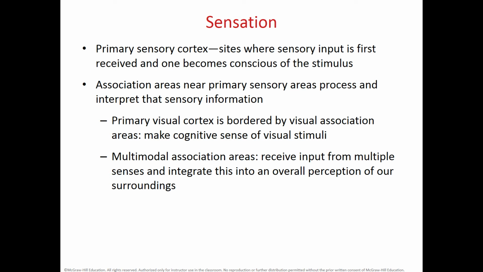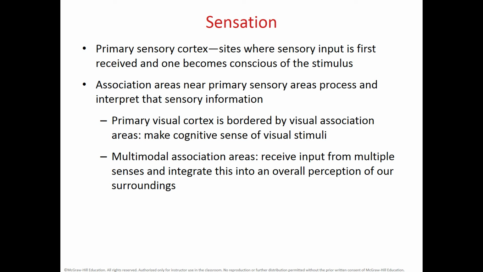Sensation is received by the area of the cerebral cortex called the primary sensory cortex, located within the parietal lobe. This primary sensory cortex can send information to areas of the cerebral cortex that we call association areas, where you interpret that sensory information.